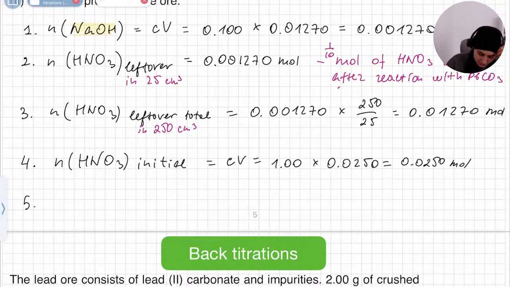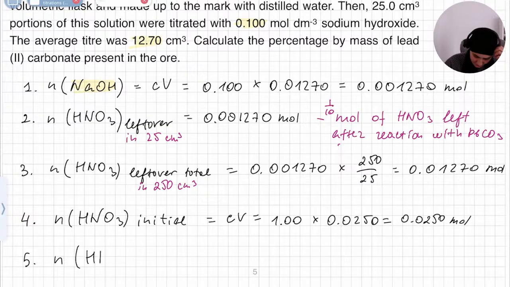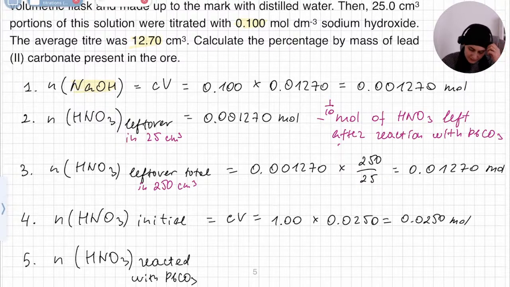acid reacted. So now, moles of HNO3 reacted with lead carbonate. That's the initial amount, which is 0.025, minus what's left, so minus this.